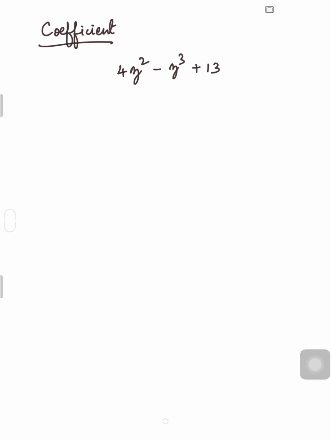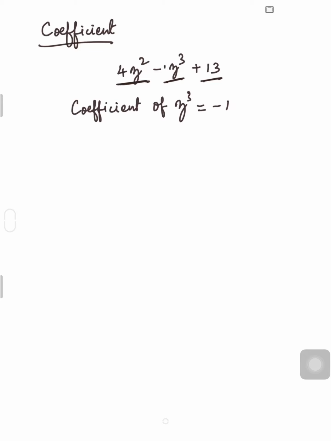And you need to know what you mean by coefficient. In a given polynomial like 4z squared minus z cube plus 13, every term, here 4z squared is one term, minus z cube is another term, and 13 is another term. Every term will have a coefficient. Here the coefficient of z cube is minus 1.